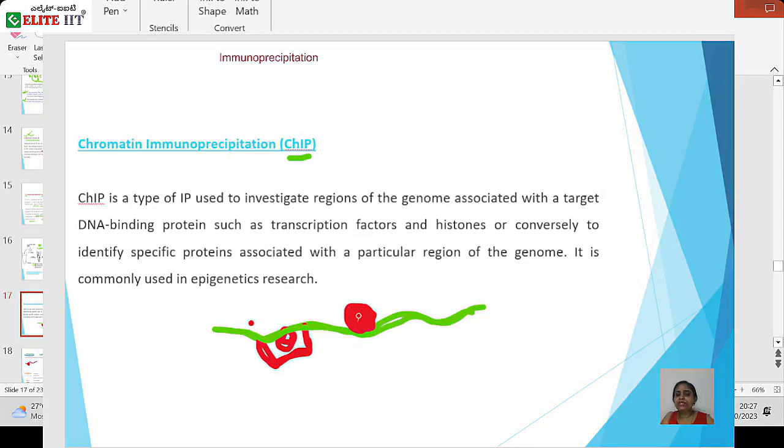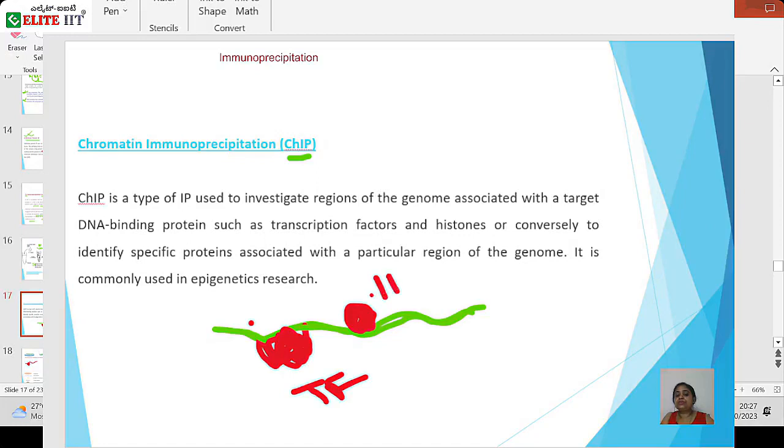A lot of proteins can bind with DNA. DNA binding proteins, like transcription factors, are attached with the DNA. So different transcription factors or any DNA binding protein and histone protein.